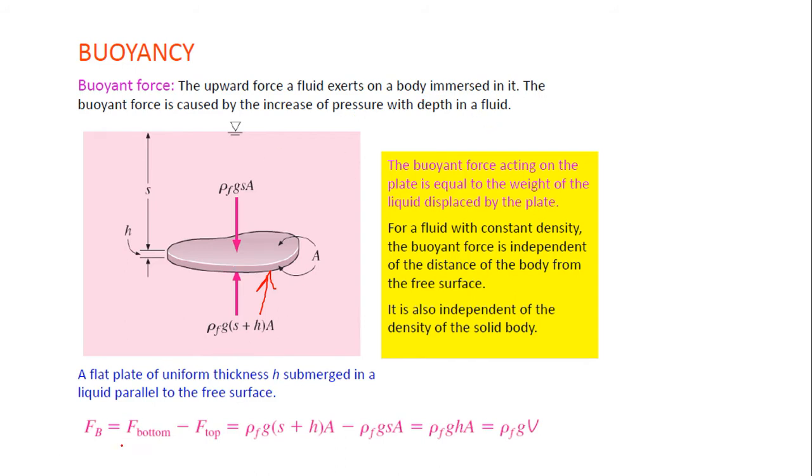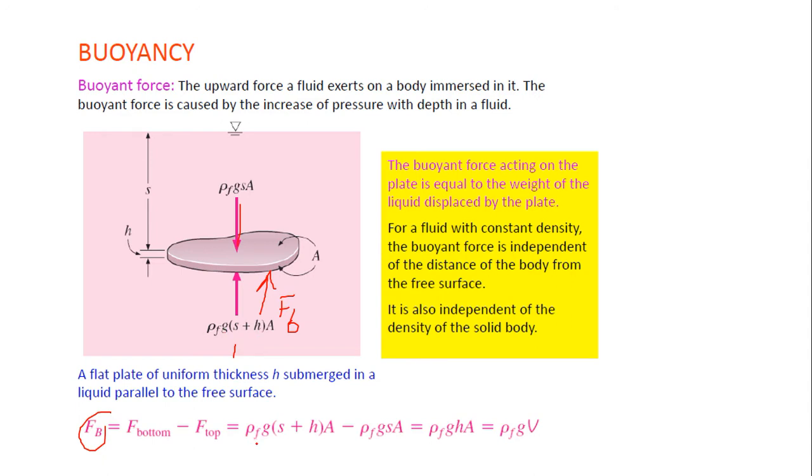Okay, so how can you find FB? FB is the net of one force, F bottom, and another, F top. So the net of F bottom minus F top gives you the value of the buoyant force, FB. How do you calculate this?